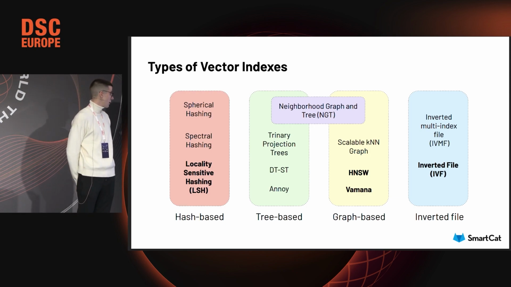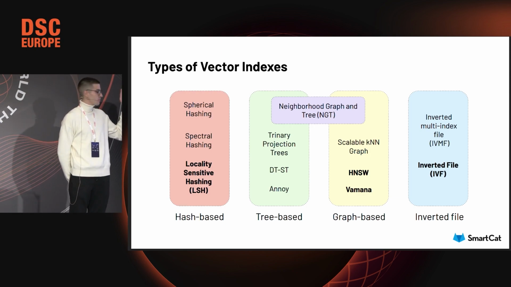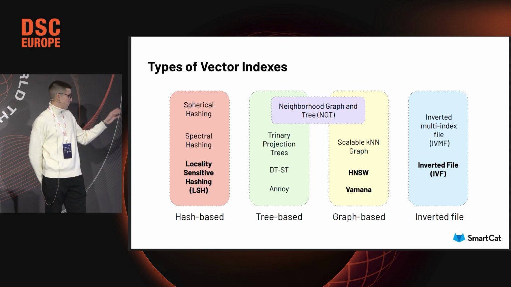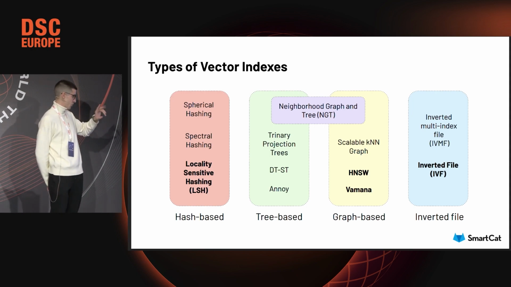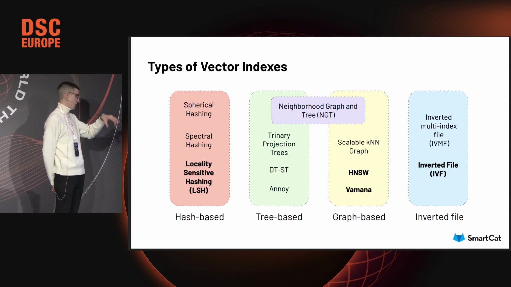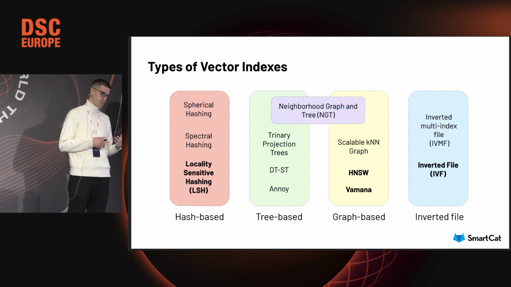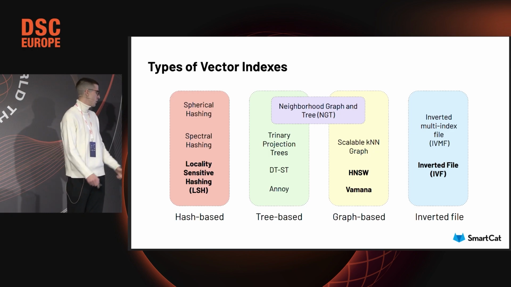Today, we'll be covering LSH, which is a hash-based algorithm, and HNSW, which is graph-based. Tree-based are similar to graph-based, and inverted file is actually similar to hash-based. So there's not much point in going too wide here.